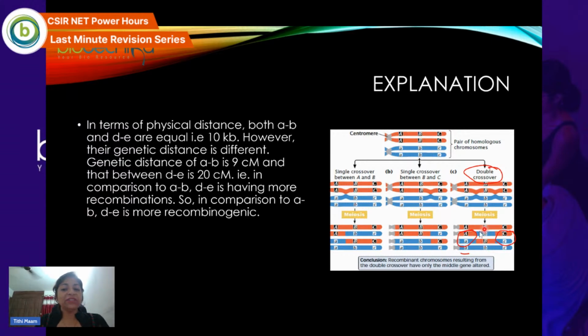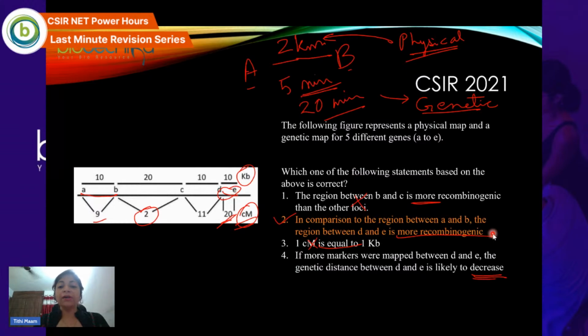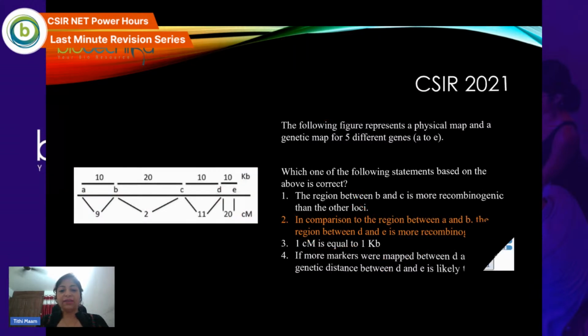By checking the middle gene, we can find out that out of some parentals, there are some double crossovers also. That means the proportion of parentals is decreasing, and if the proportion of parentals is decreasing, the distance between the genes is increasing. So if we map extra markers between D and E, the distance between D and E is going to increase, not decrease.